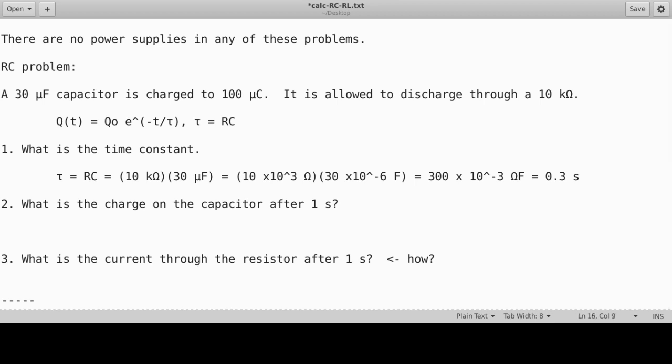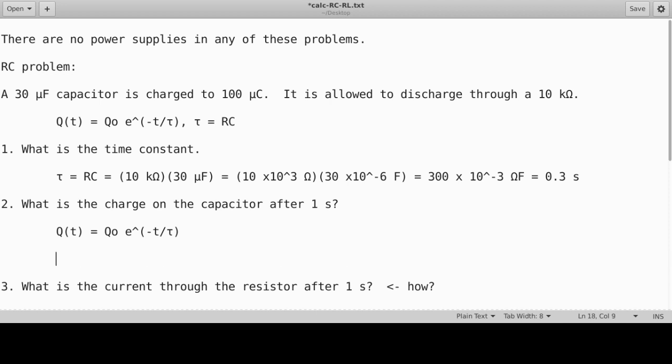Now, how much charge is on the capacitor after 1 second? That's this equation right here. Okay, and we can start to plug in. Q naught, that is the charge on the capacitor at t equals 0, and I told you that's 100 microcoulombs. And we'll just work the whole problem using microcoulombs. Okay, and then e to the exponent, and it's minus, and how long are we waiting? We're waiting 1 second.